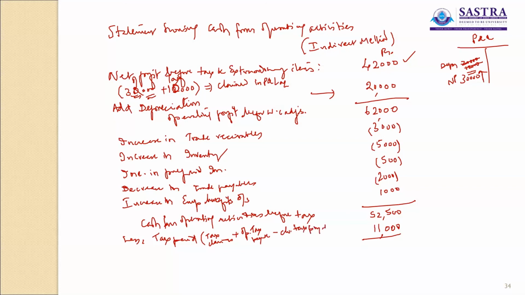There is no change in that method. It remains the same. So the balance becomes 41,500. So this is the final answer: net cash from operating activities.